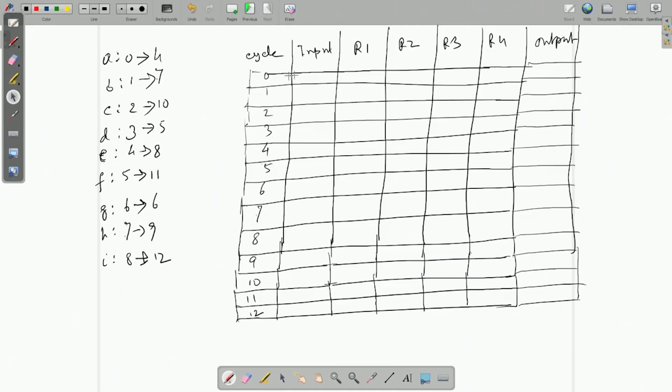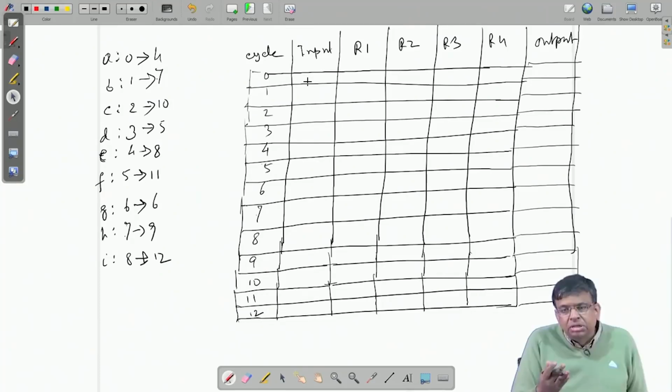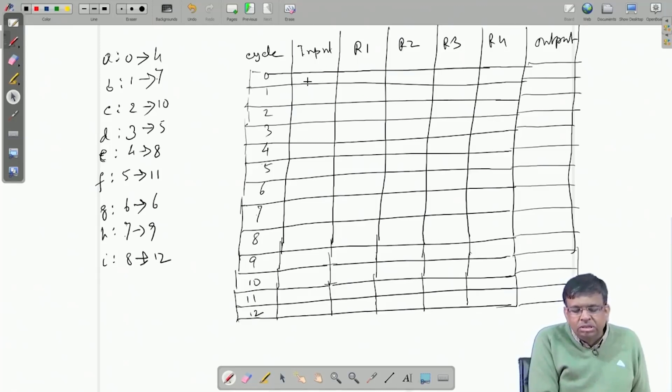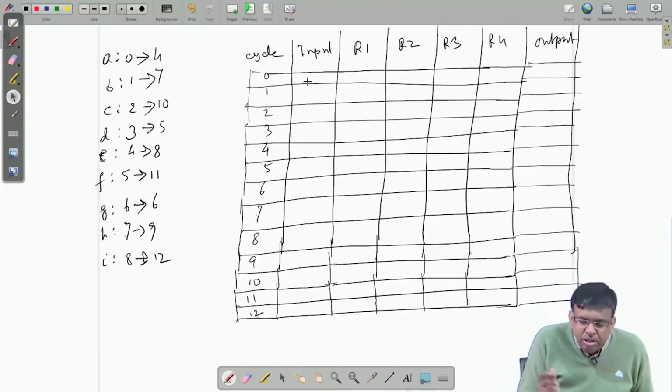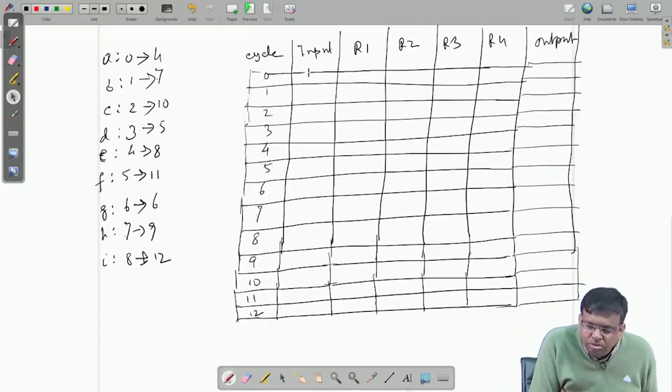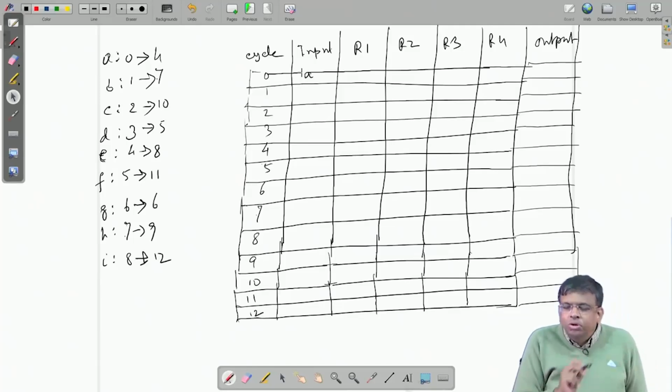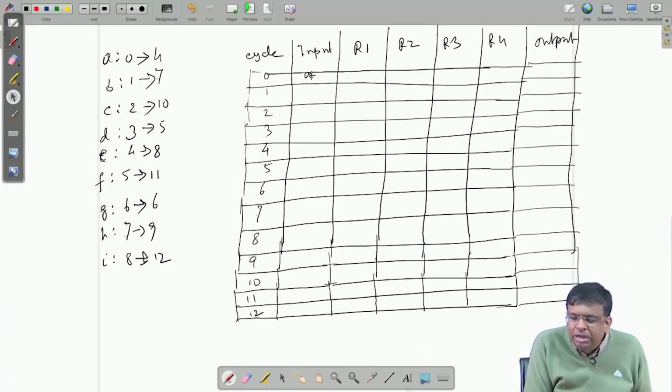We write in cycle 0 whoever is born. In every input system cycle only one item is born, so I will carry out this example with that. But there may be some cases where in a particular system cycle more than one item is born. Then what to do, I will consider a little later after I complete this. So, in cycle 0, A is born, and I write A. Writing A here means I give A to the input of R1.